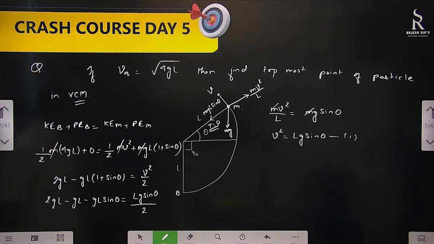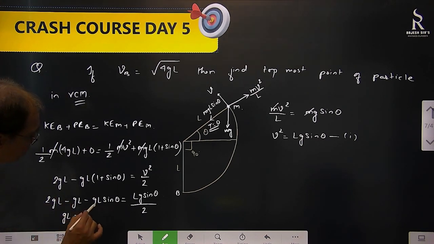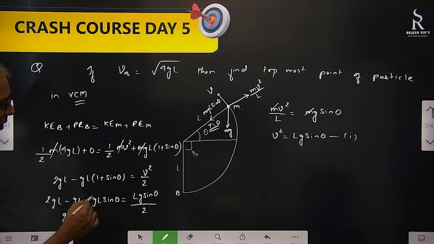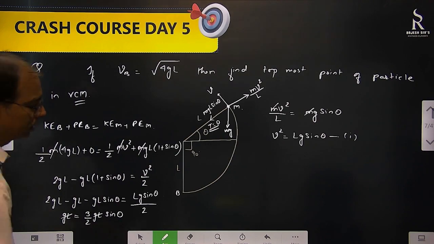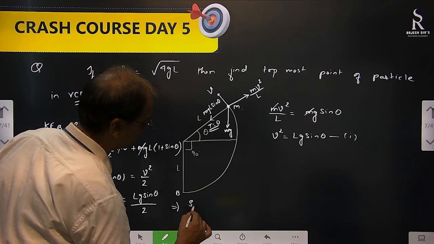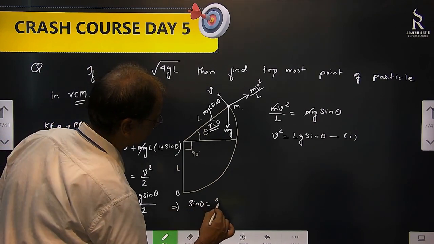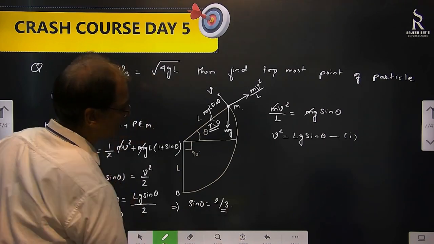What are we trying to find? The theta value. 2gl minus gl means gl. And this gl sine theta, take that side: gl sine theta plus gl sine theta by 2, that means 3 by 2 gl sine theta. And gl cancelled. So the sine theta value that you are getting is 2 by 3.